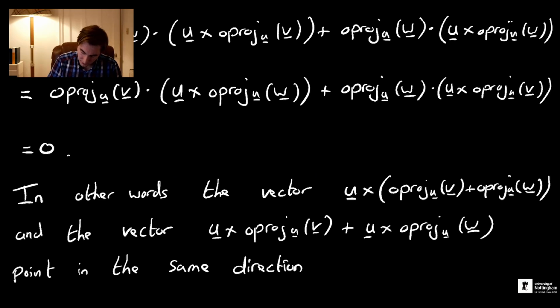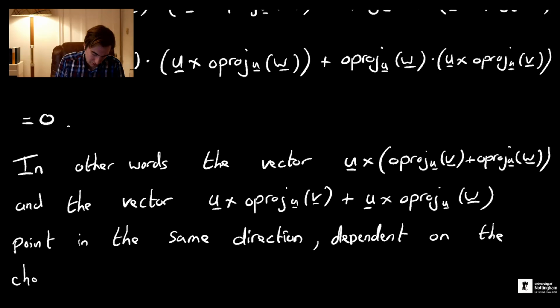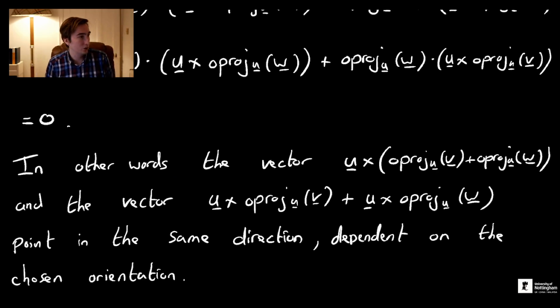I guess you could say this is dependent on the chosen orientation, so which direction it points depends on the orientation that you chose. If it was a left-handed or right-handed orientation, regardless, this formula still holds.